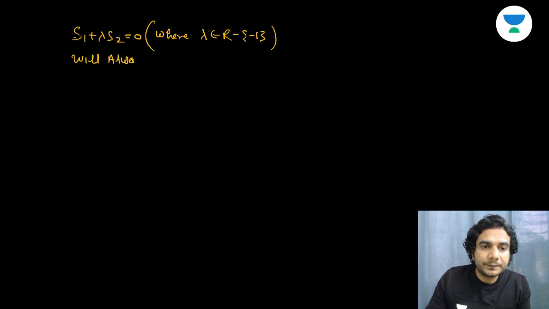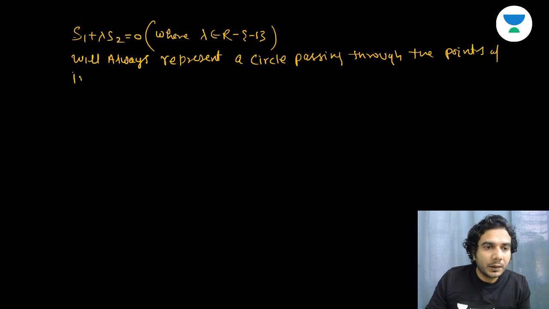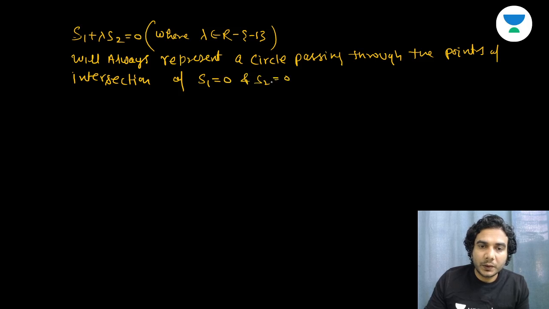always represent a circle passing through the points of intersection of s1 is equal to 0 and s2 is equal to 0, all right?